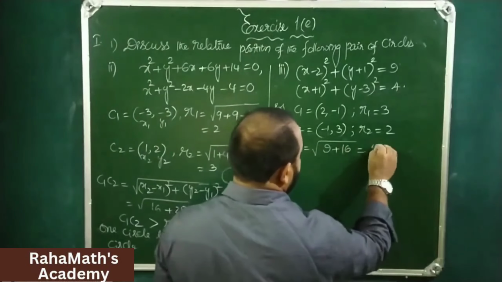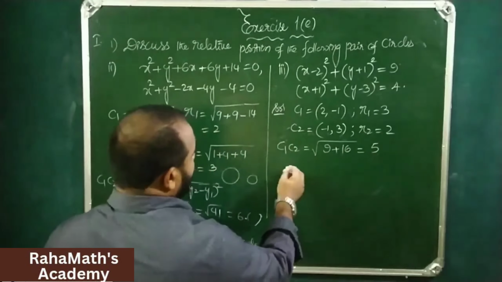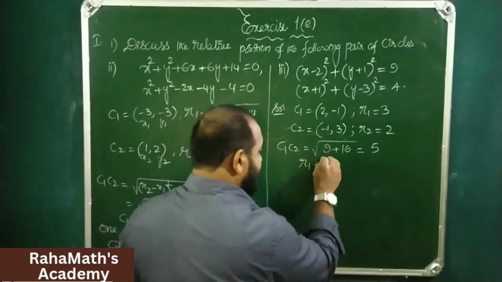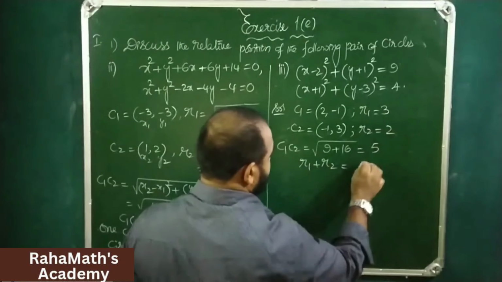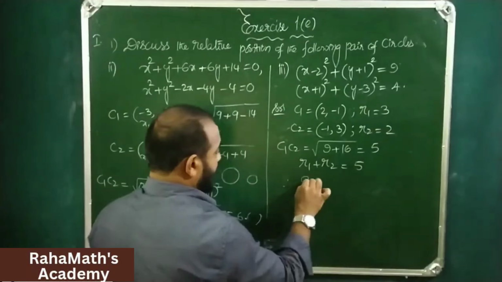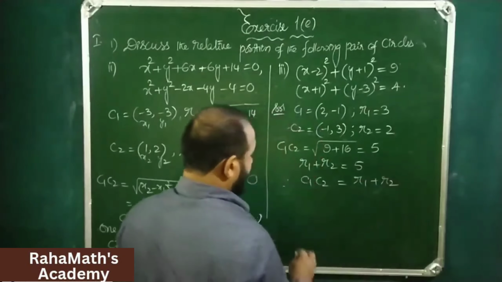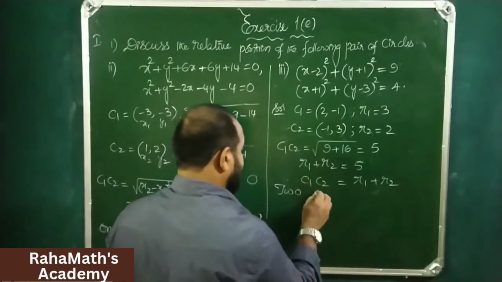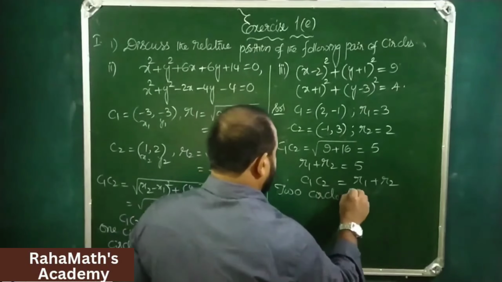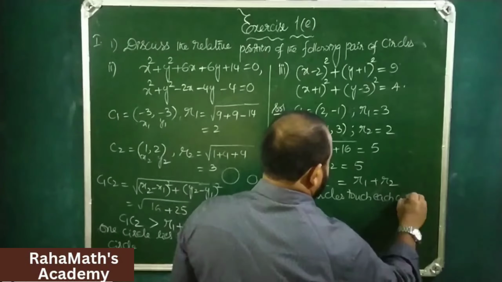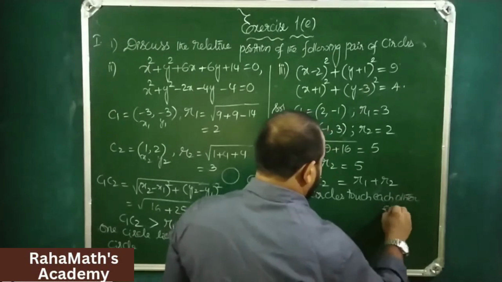Sorry, (2 plus 2) whole square is 16 plus (minus 1 minus 3) whole square is 9, so root 25 is 5. What is R1 plus R2? 3 plus 2, 5. Therefore C1C2 is equal to R1 plus R2. So the two circles touch each other externally.